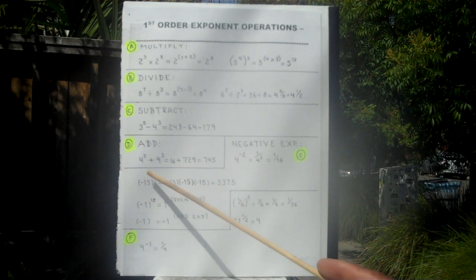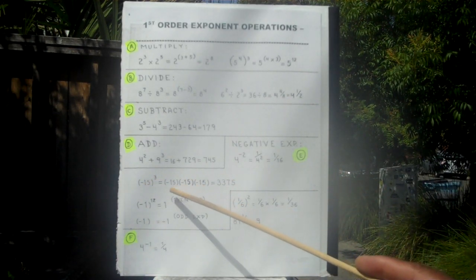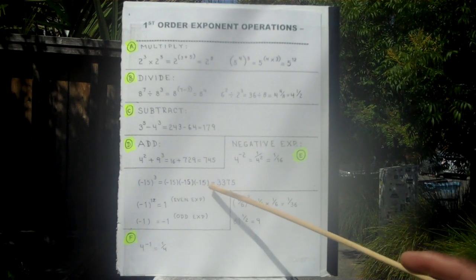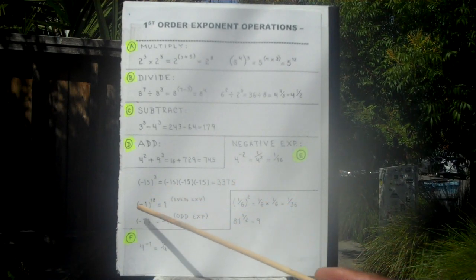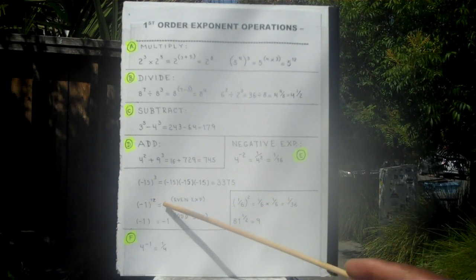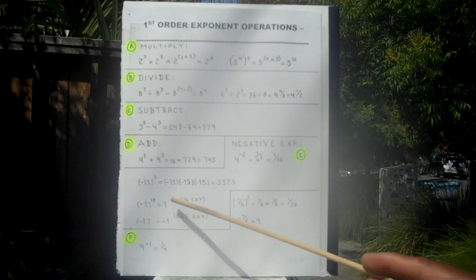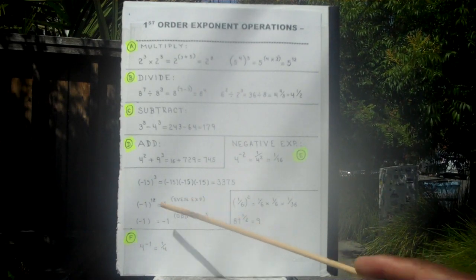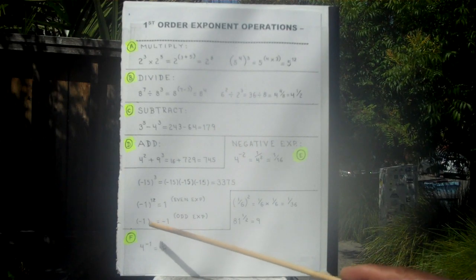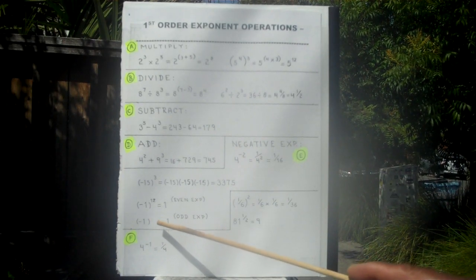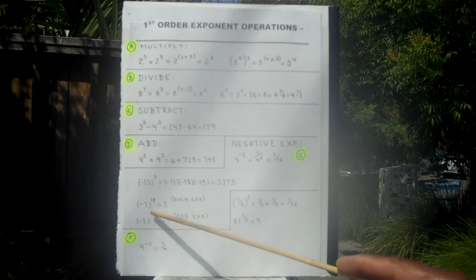Minus 15 to the third power equals minus 15 times minus 15 times minus 15, which equals minus 3,375. Minus 1 to the 12th power equals 1 when the exponent is an even number. Oops, I forgot to put it, but nonetheless, it's like 27 goes here.